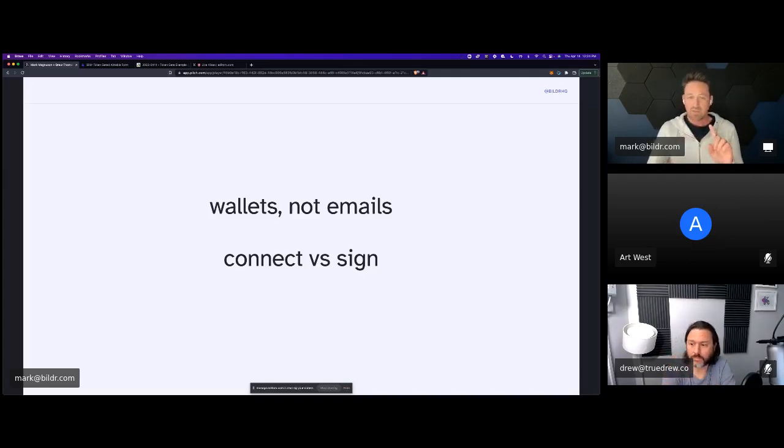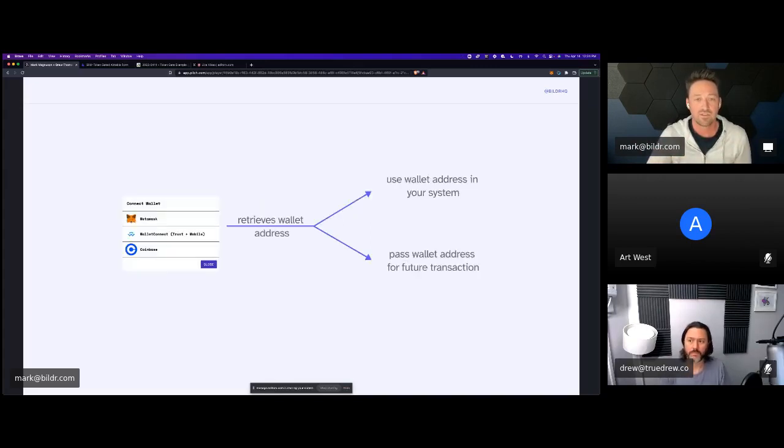So that's what I mean by connect versus sign here. Connect just means you connect with your wallet. Sign means you actually sign something in your wallet. And when you sign something, that is verifying that you own that wallet, and then you can do other things with that. So those are the two methods. So this is the connect. A connect with wallet pop-up will come up.